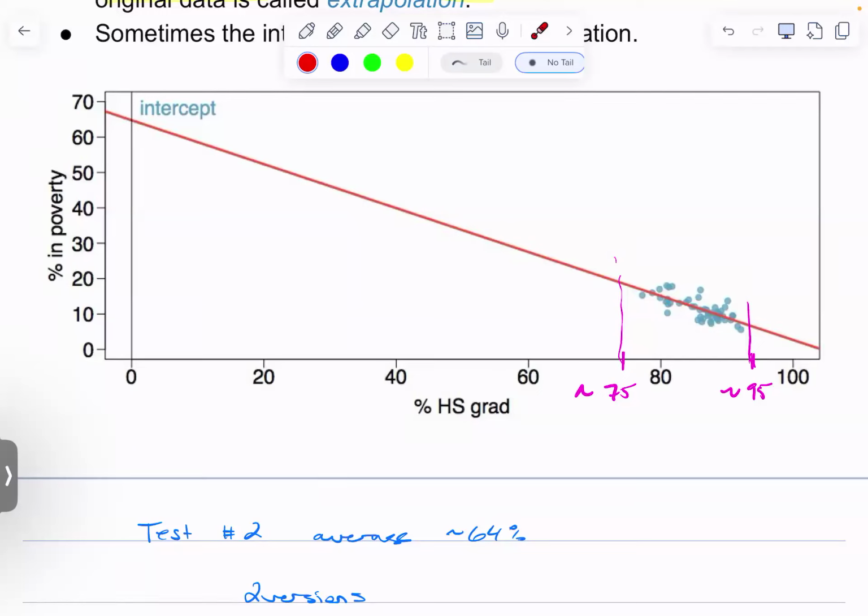But the thing about lines is lines keep going forever, negative infinity, positive infinity. But regression lines only really work for the data that we built it off of. We built it off of x's between 75 and 95 in this case. So whenever we use the line, it is our best guess, but it's not very reliable.